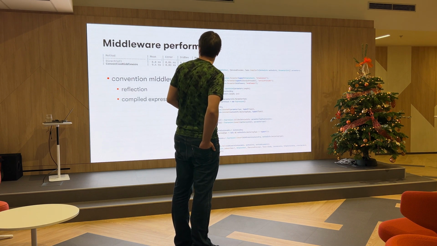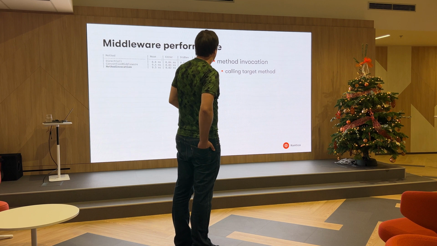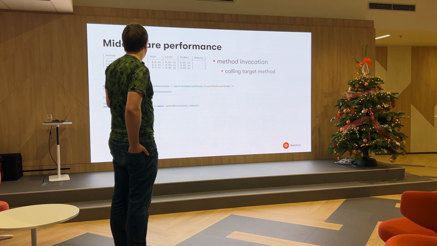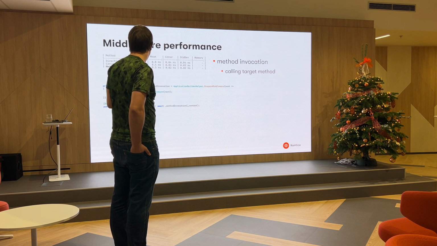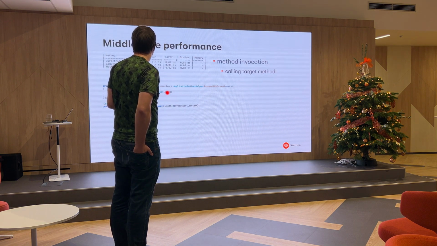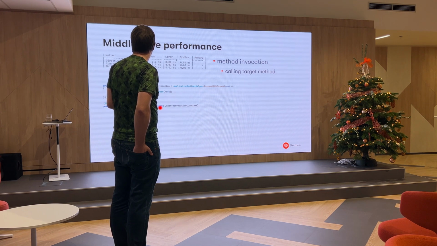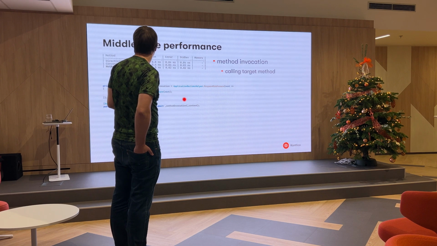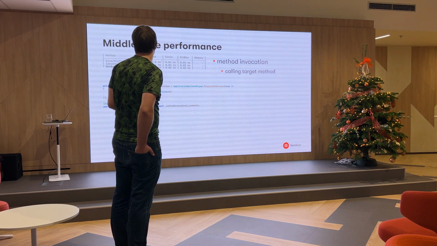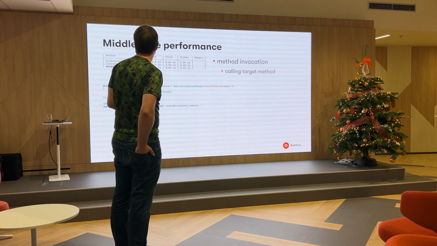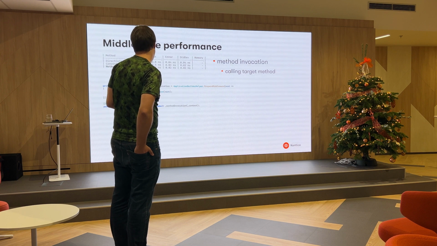So the conventional middleware did a great job for us. Honestly, it's even faster than a direct method invocation, where I say, okay, I have a request delegate, but I have a method that expects the HttpContext and returns Task, so I will simply return the method, and that's it. Yeah, the method info, and we are done. And you see that it's even slower than this compiled expression. So it's a great job, really.